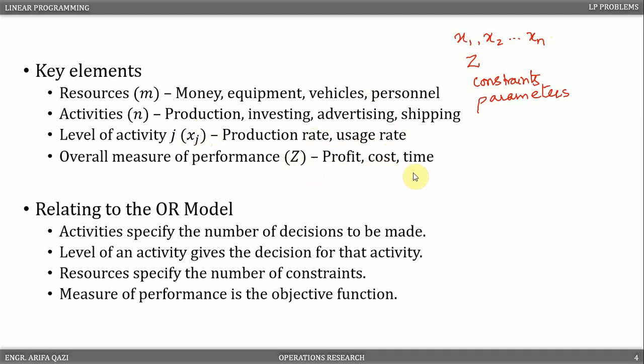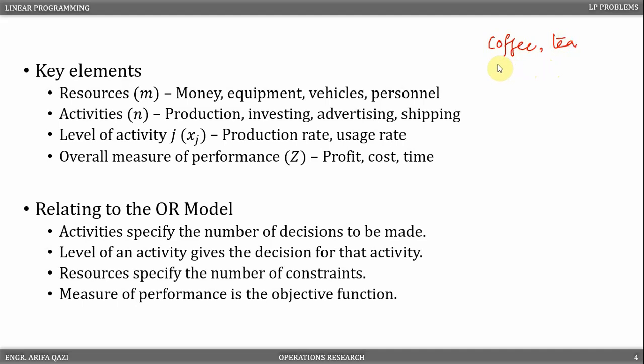Let's consider an example. Suppose that I run a drink stand outside of an office building and I sell just two types of drinks, coffee and tea. And every morning I bring a limited amount of resources, which are the raw materials for coffee and tea. Let's try to identify some of these raw materials.